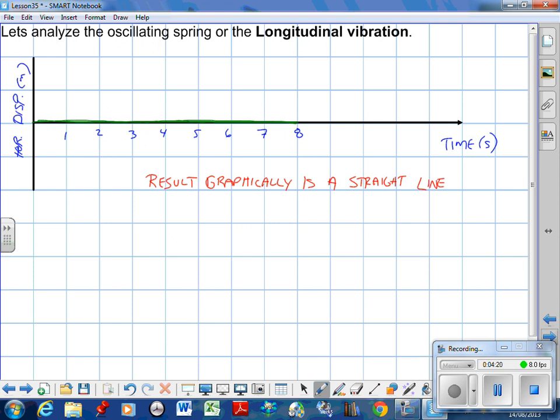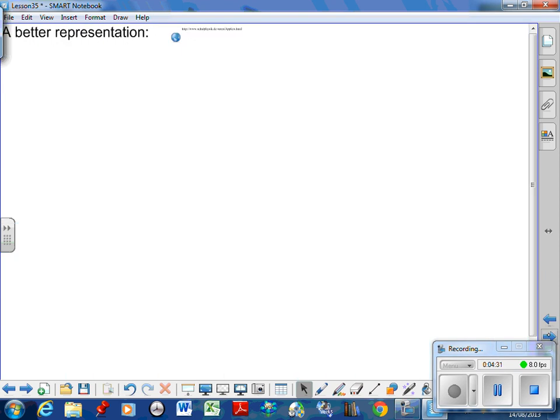All right, so how do you graphically represent a longitudinal vibration? Well, quite simply put, again, you can go to the applet, but what you can do is represent it with lines. So as the spring gets extended, the metal gets stretched out, so we spread out and draw it as vertical lines.